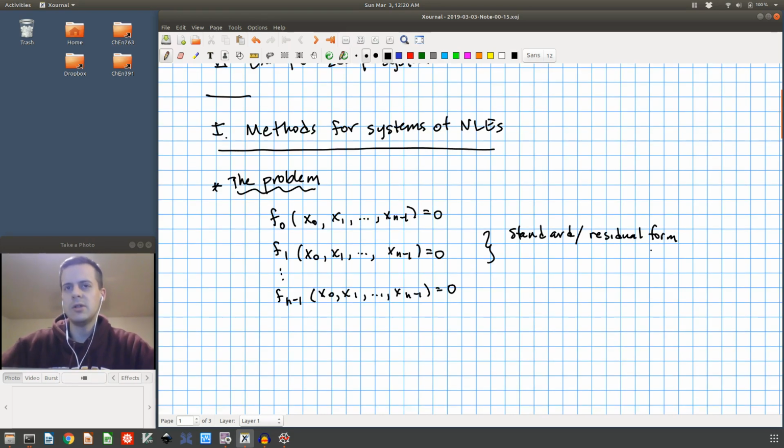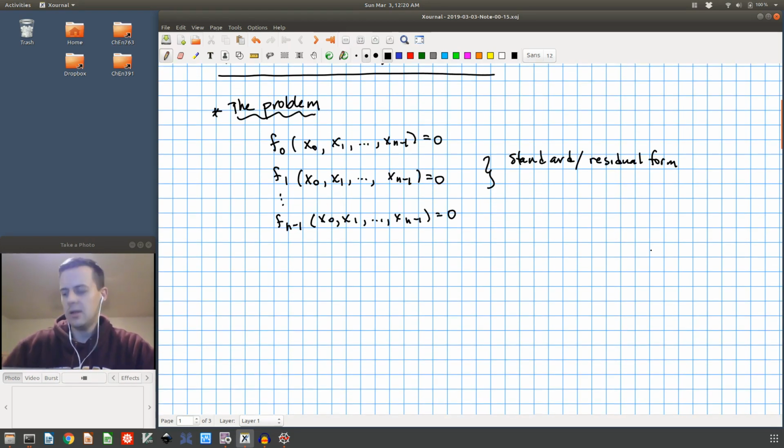It's convenient to rewrite this in vector form. In vector form, this looks like the following. We have f, with an underbar for vector f, of x, vector x, equals 0.